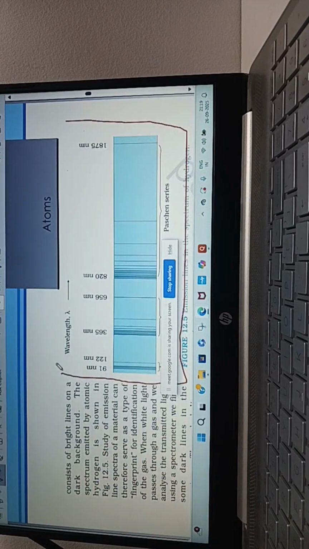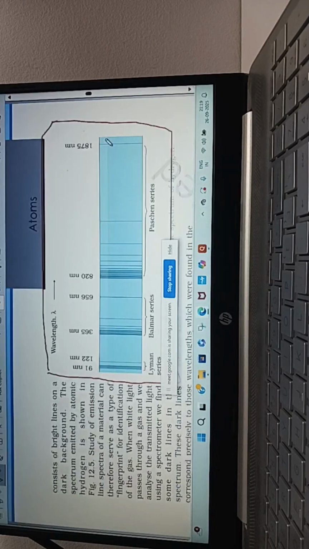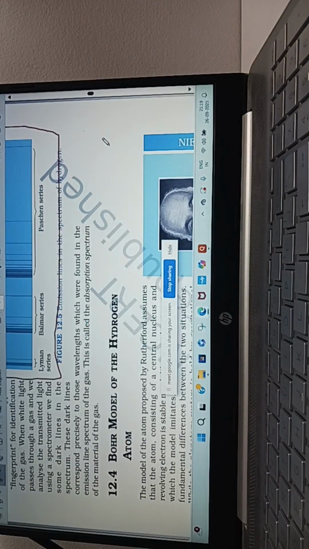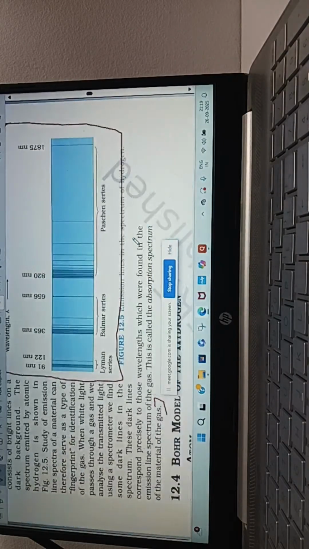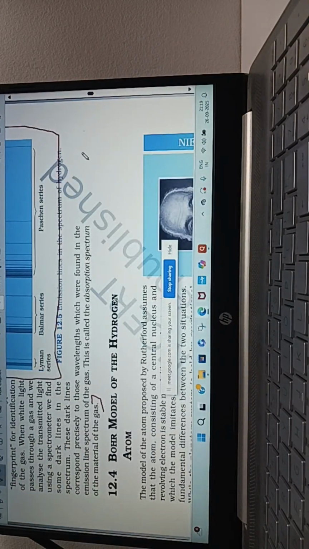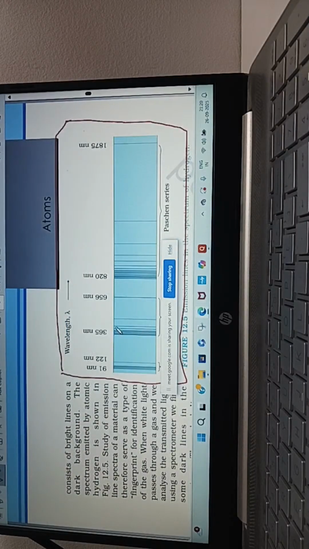In the textbook only 3 are given. You read completely and tell me. I will ask some questions, you have to tell. Only 10 lines are there. Just read quickly and then tell me what are absorption spectra and emission spectra.